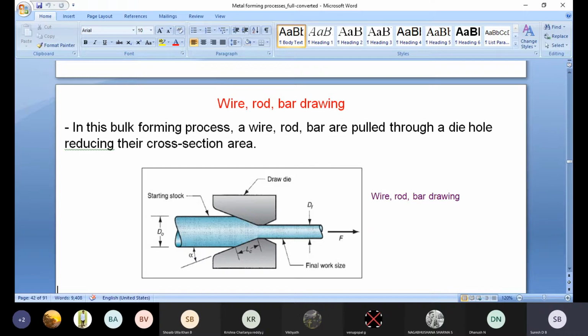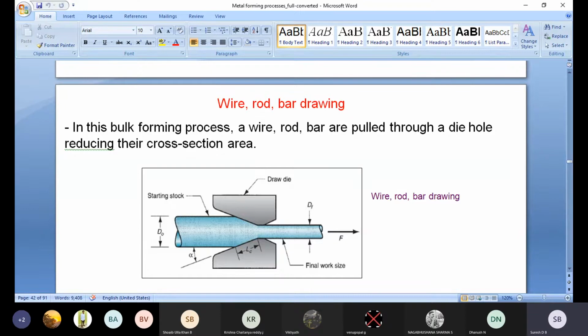In the extrusion process, the material is introduced in between the two dies and pushed, and due to compression from the external load, the material is plastically deformed, reduces its diameter, and comes out between the two dies.